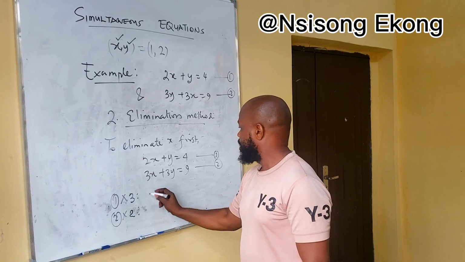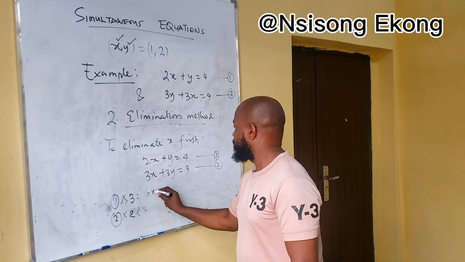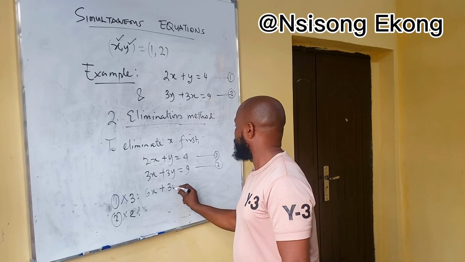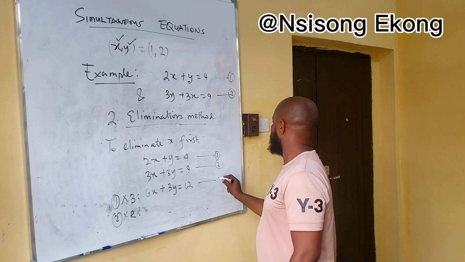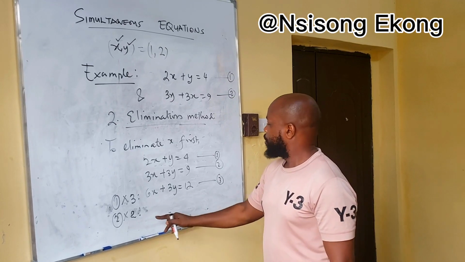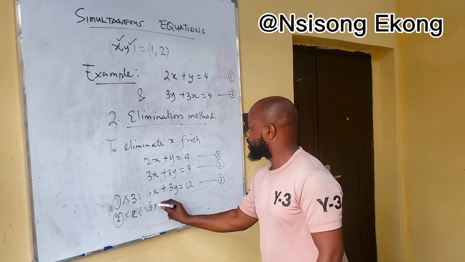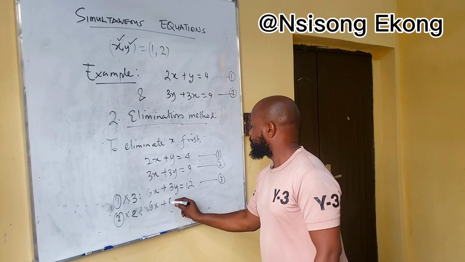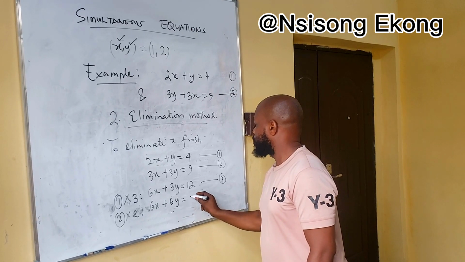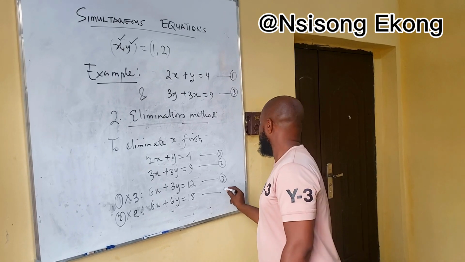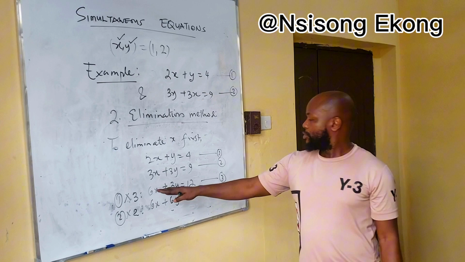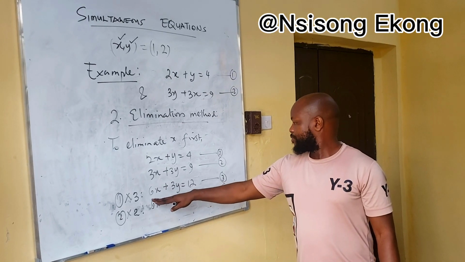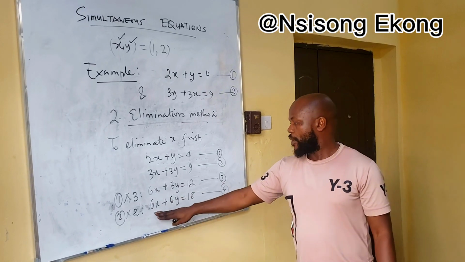So for the first one here we have 6x plus 3y equals 12. Call that equation 3. Then we have 6x plus 6y equals 18. Call that equation 4. At that point, we can now see that the coefficient of x in equation 3 and the coefficient of x in equation 4 are the same.